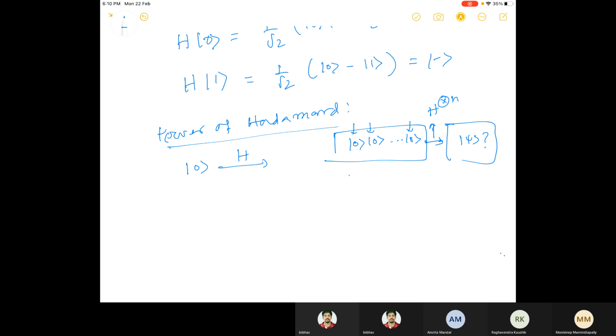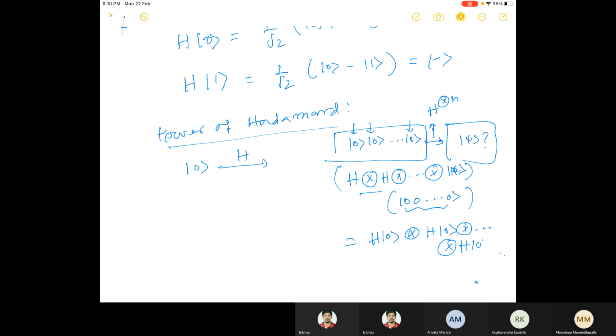So basically, if I precisely write it, this is acting H on individual qubits. So you are doing this: 0, 0, 0, 0. Let me write it this way, there are n zeros. If you do this matrix-vector multiplication, it is H0 tensor H0 tensor up to H0, which is the definition of the tensor product.